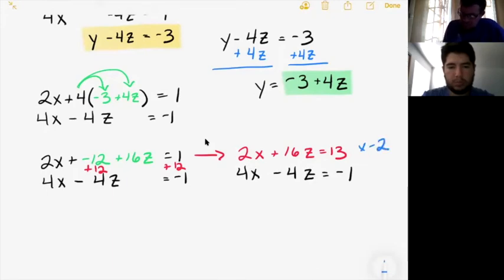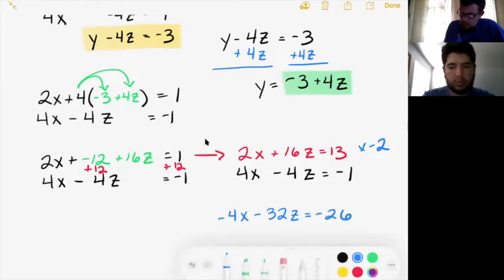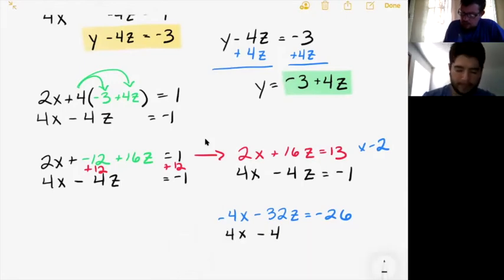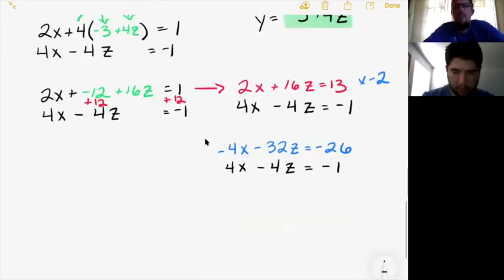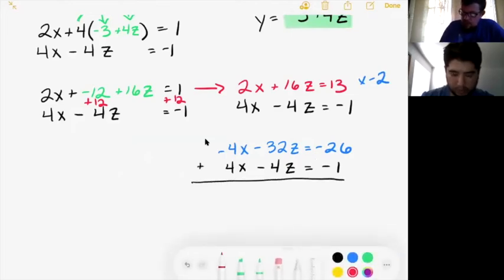So that will make the top equation become negative 4x minus 32z equals negative 26, and the bottom will stay the same, 4x minus 4z equals negative 1. And now if I were to add these two equations, something would eliminate. The x's would go away. So let's add them up. The x's are gone, as we said.